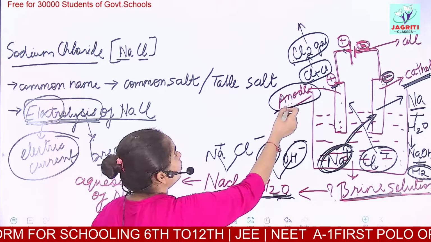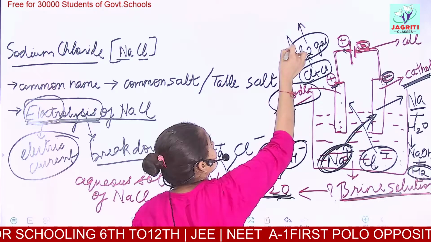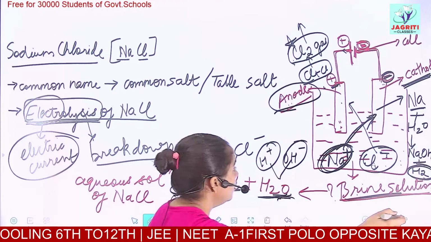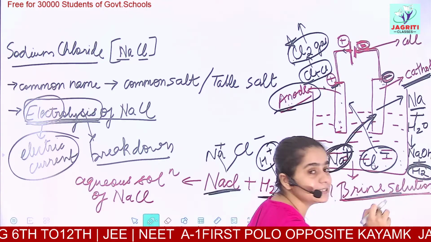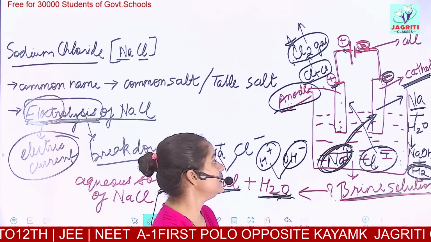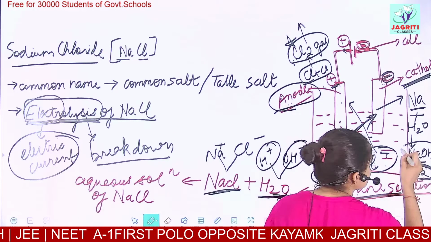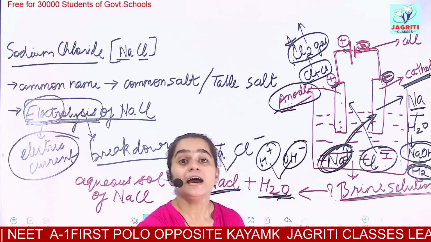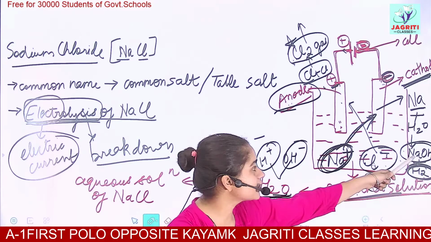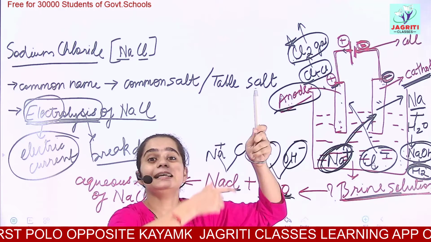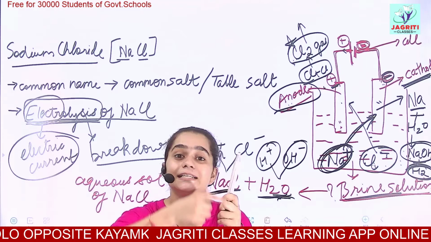So you should remember, at anode the chlorine gas is evolved, whereas at cathode hydrogen gas is evolved. We also have an important product here. It is NaOH, sodium hydroxide. Sodium hydroxide is deposited on the walls of this electrode.